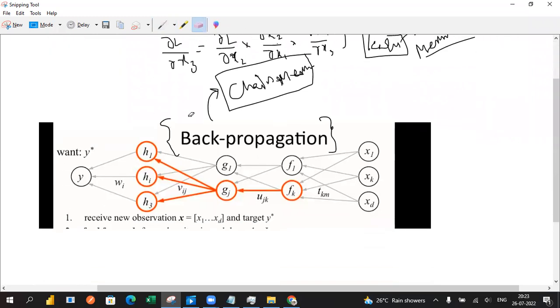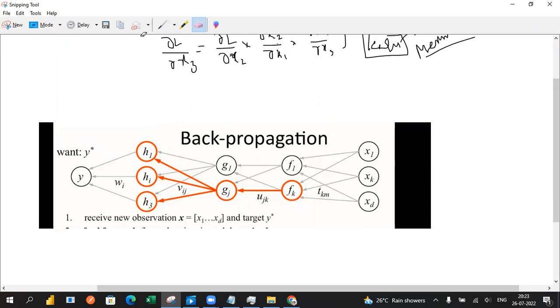If you take this diagram, let me try to explain how that is going to be helpful. The first step for the back propagation algorithm is that you need to initialize the weights. You can see here these are the independent nodes we had: x1, x2, x3, x4.